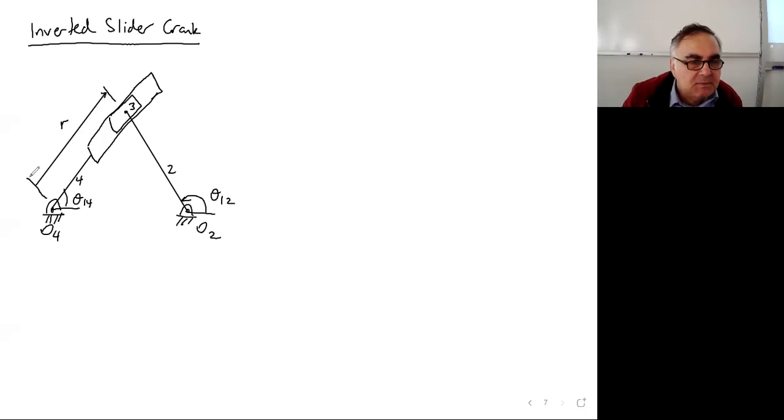This distance is r. It is the distance of 3 with respect to O4. And there is a force acting here, which is F14, which is known supposedly. This link length is assumed to be known.